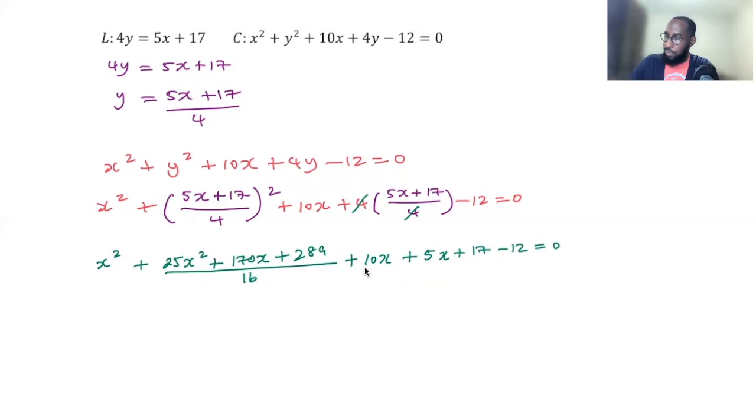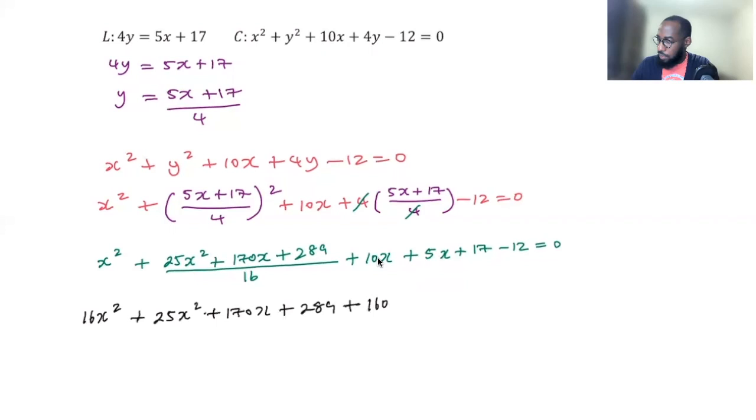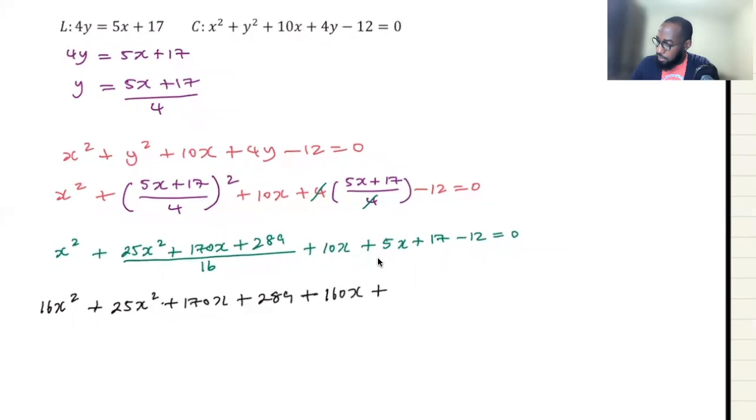Continuing with this question, if I multiply everything by 16, I like to change up the colors a little bit. I will have 16x squared plus, because 16 times 1 is 16. 16 times, well, times 16 over 16, we cancel out, 25x squared plus 170x plus 289, plus 16 times 10 is 160x, plus 16 times 5 is 80.